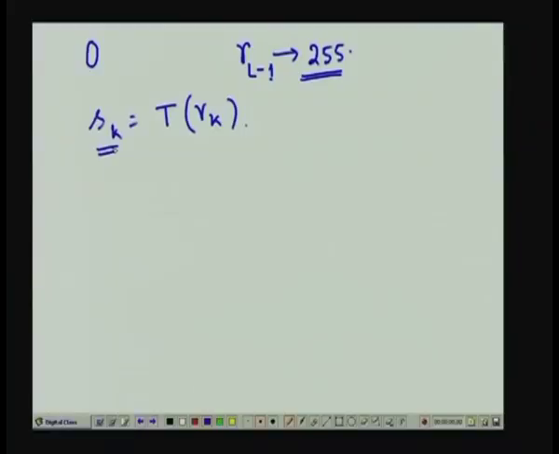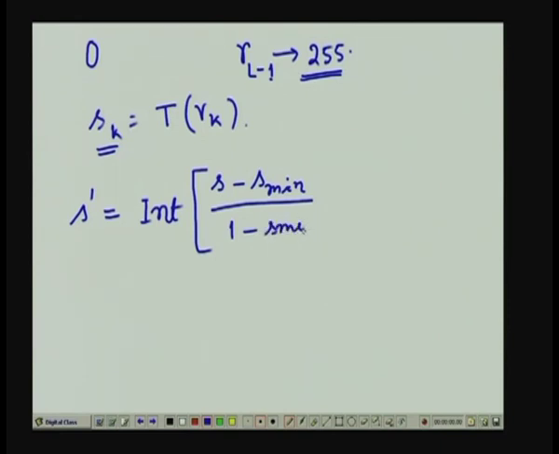The mapping function that we have to use is given by s dash equal to the integer value, because we will be getting only integer values, of (s minus s_min) divided by (1 minus s_min), into L minus 1, where L minus 1 is the maximum intensity level, plus a DC shift of 0.5.